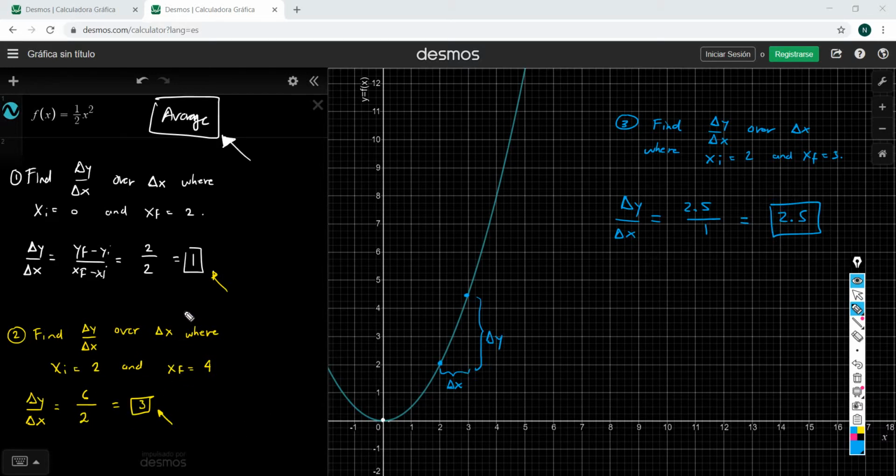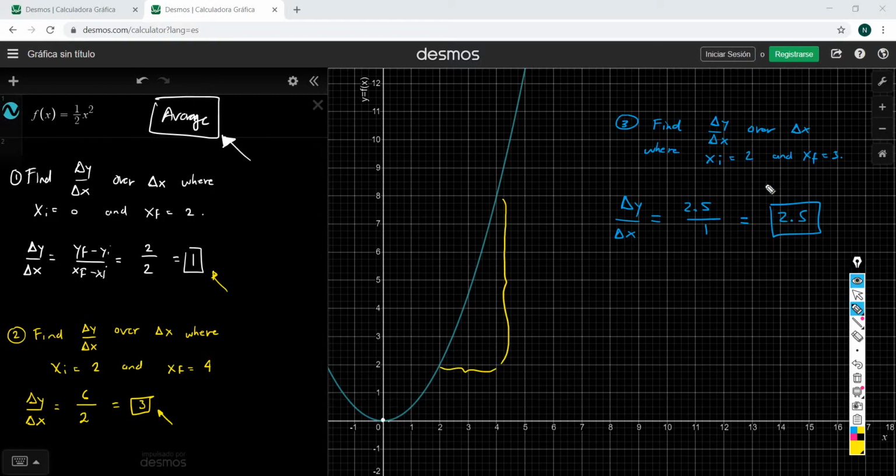You see? So you can see that even within an interval of which you have already calculated the average rate of change. For this one, we went from here to here, and we said that the average rate of change is 3.